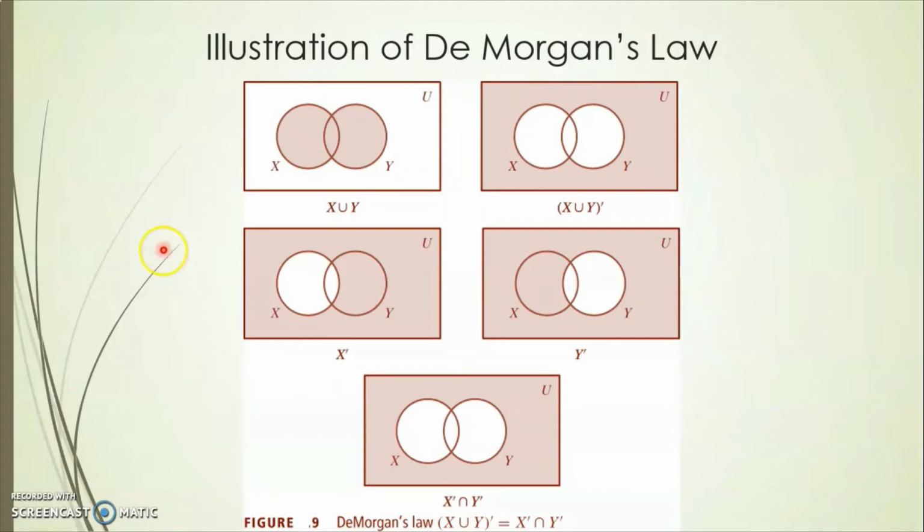So the idea behind this illustration is whenever you forget the laws, you can use a Venn diagram to recall it. You can draw the circles x and y with the rectangle to find out the similarity in terms of the notation.